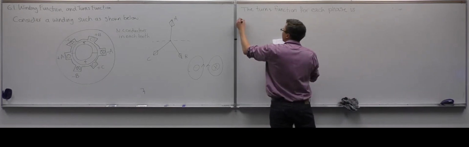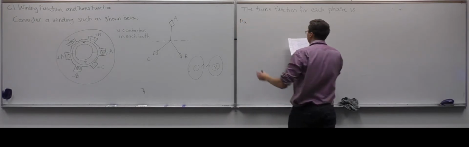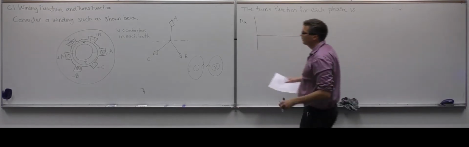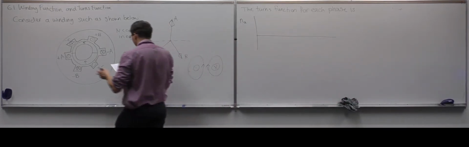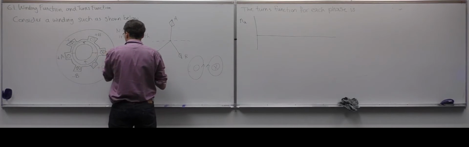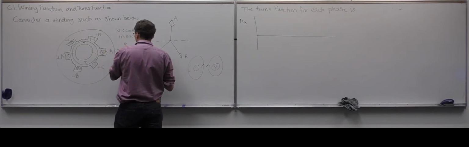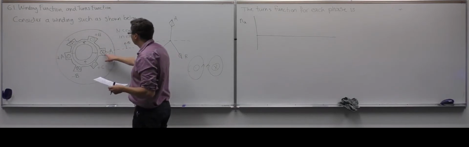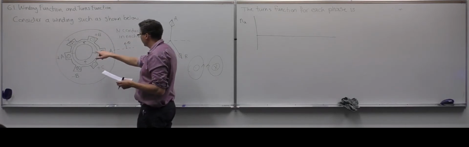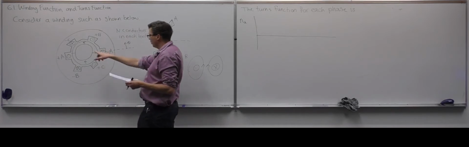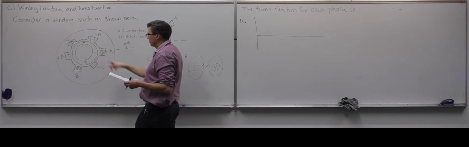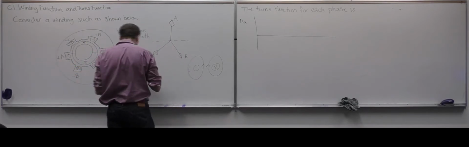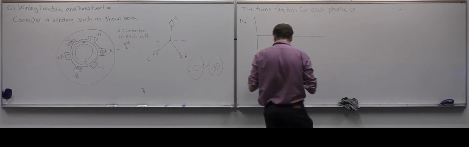So for the A phase, if we define this here as 0 degrees, and we move around, then the wire here is going into the page. So there's n wires going into the page, and then 180 degrees around, there's n wires coming out of the page. So then we can draw the winding function for the A phase like this.